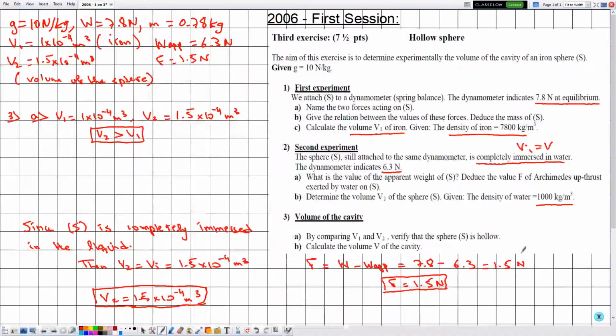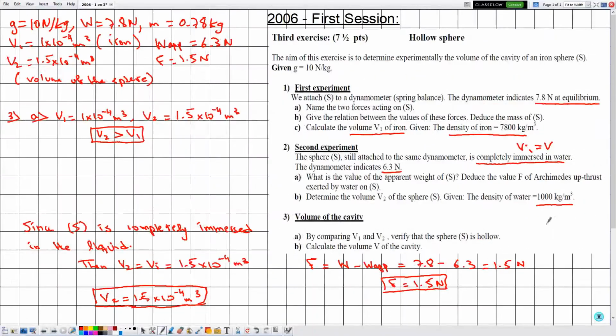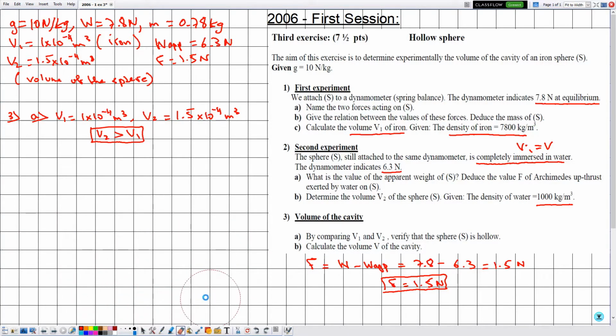Now they are telling me, by comparing V1 and V2, verify that the sphere S is hollow, and the word hollow means that it has a cavity. So notice that in this case V1 is not equal to V2. Actually V2 is greater than V1. Why?